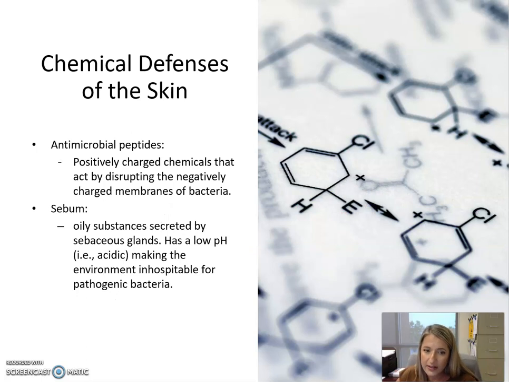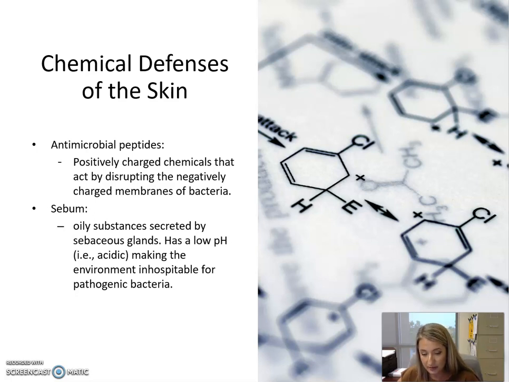We also have various chemical defenses that are secreted by the skin. So one being antimicrobial peptides. Antimicrobial peptides are simply chemicals that our skin secretes. They are positively charged chemicals, and because they have a positive charge and all bacteria have a negative charge due to their cell membranes, the antimicrobial peptides will be able to bind to bacteria.